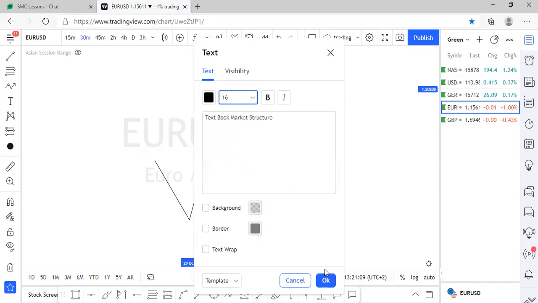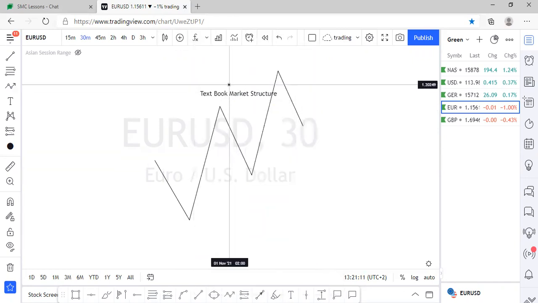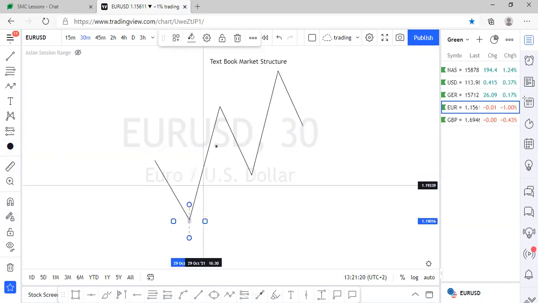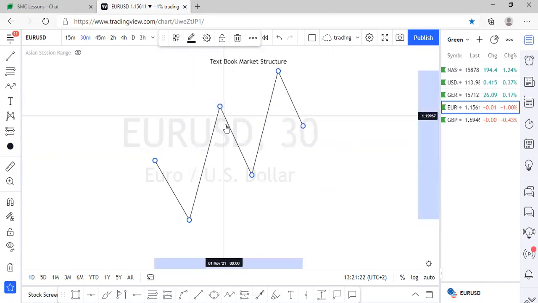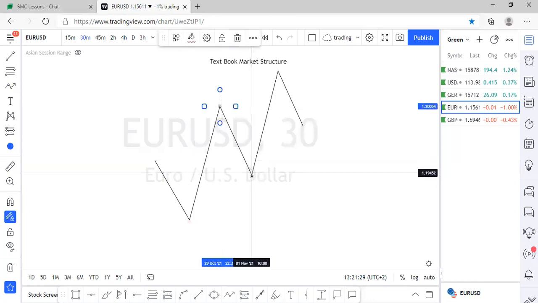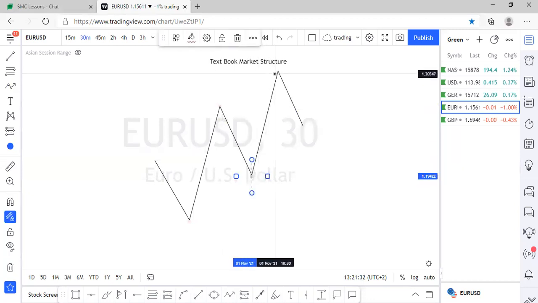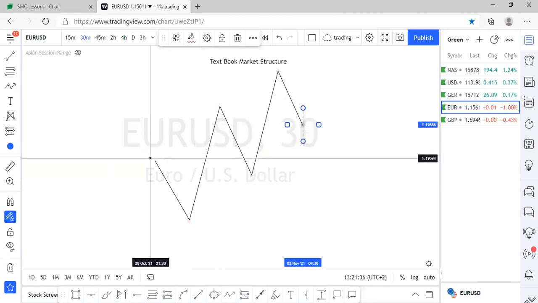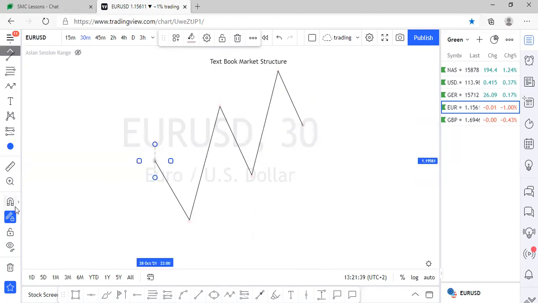Sometimes we see it in our PDFs, because in the textbook market structure, what they say is that the market is creating higher highs, higher low, higher high, higher low, higher high. You get a point.